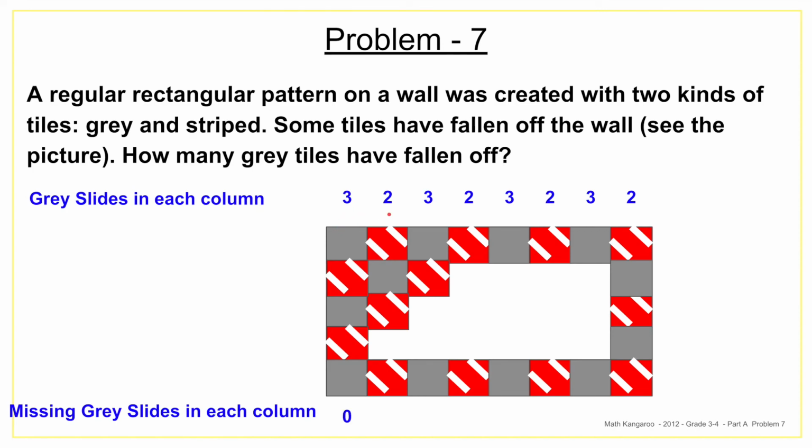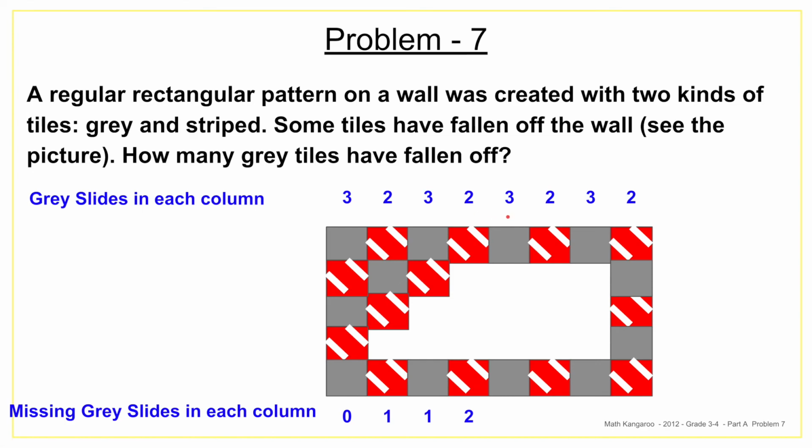Second column, there should be 2 gray tiles, but we see 1 gray tile, so 1 gray tile is missing. Third column, there should be 3 gray tiles, but we see only 2, so 1 gray tile is missing. Fourth column, there should be 2 gray tiles, but we do not see any, so all 2 gray tiles are missing.